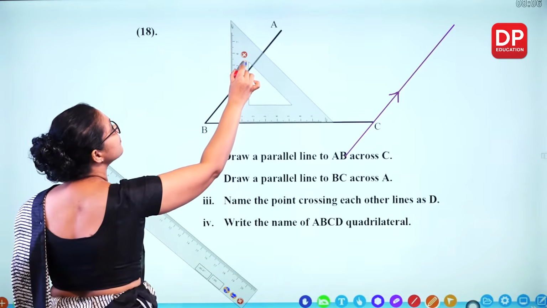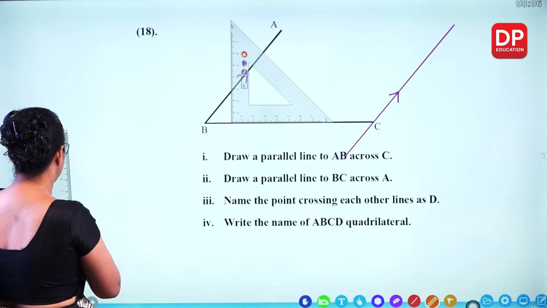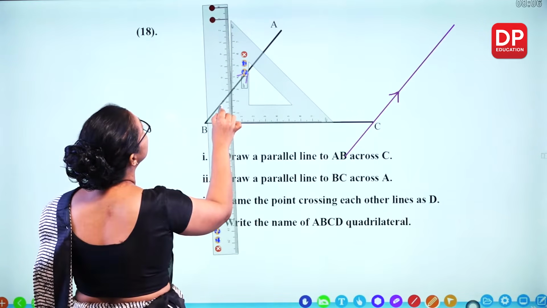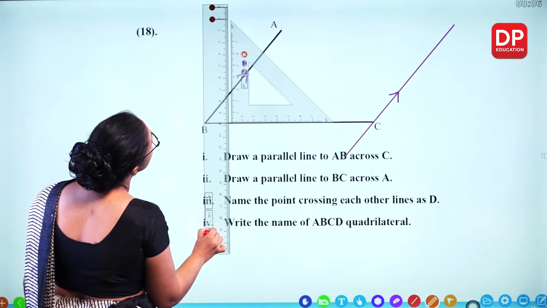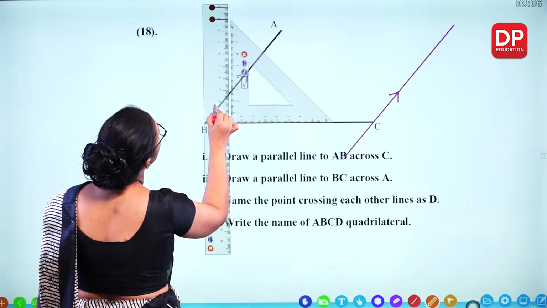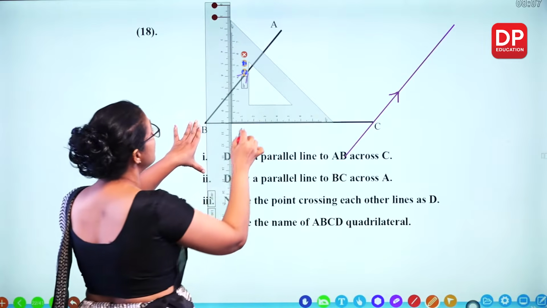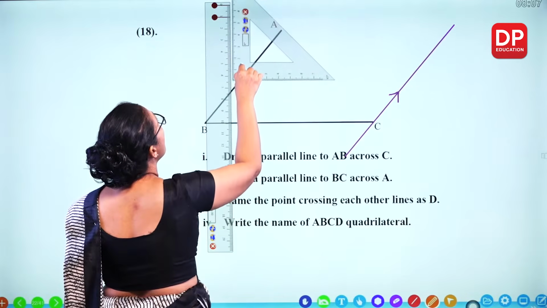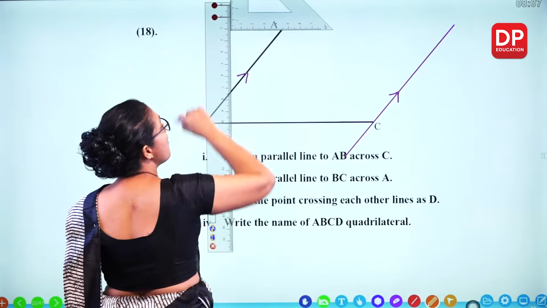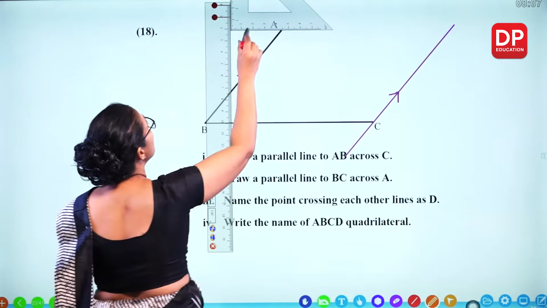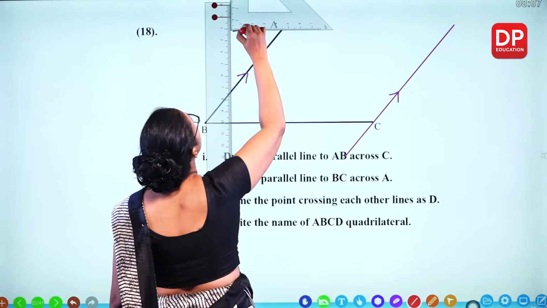And then you take the ruler, keep it on top of the straight edge, keep it on top of the set square like this, and keep it tightly here and push the set square up so that you get a line parallel to BC, passing through point A. So that's the A point. You take the ruler and draw the line.